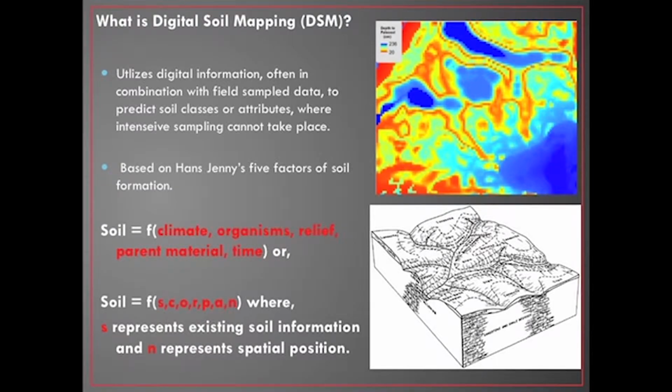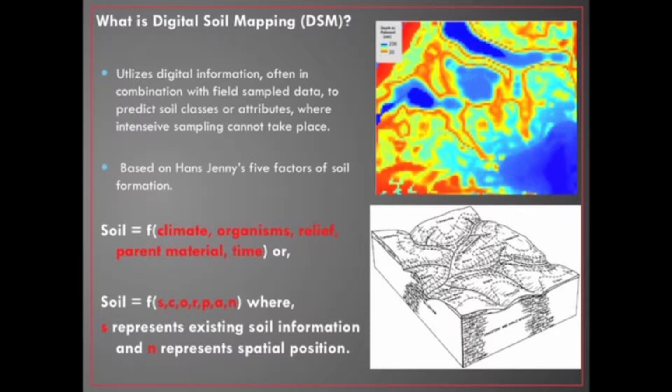So what is digital soil mapping? There's been a paradigm shift in about the past 15 years in soil science and in soil mapping, moving away from these traditional USDA soil maps to predictive mapping, where we're using computers and algorithms as tools to give us better and more soil information.